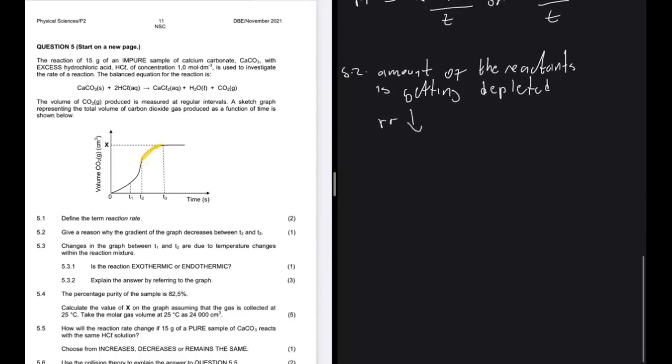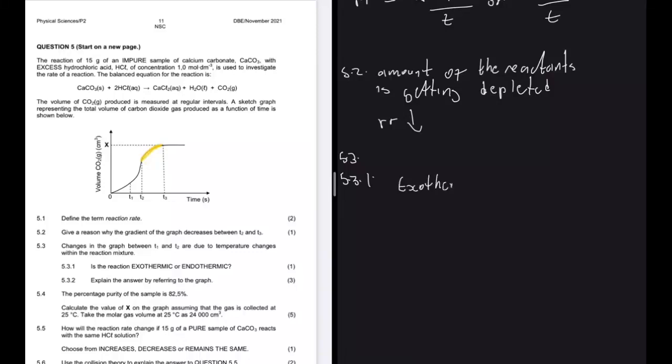And then we can move to 5.3. We have 5.3.1, and it says changes in the graph between T1 and T2 are due to temperature changes within the reaction mixture. And then 5.3.1 says, is the reaction exothermic or endothermic? The reaction is exothermic.